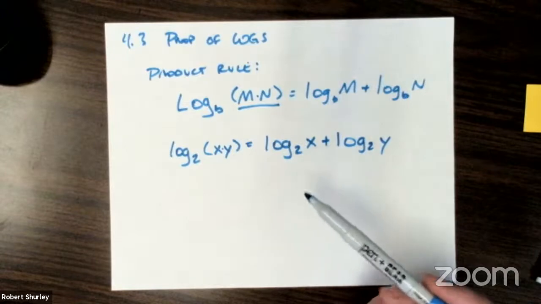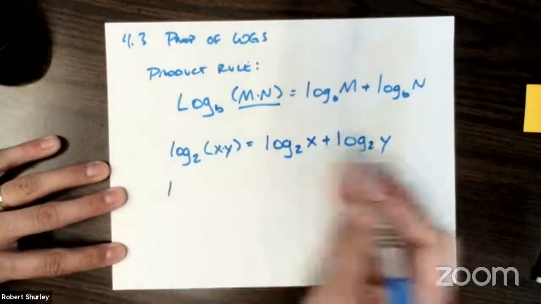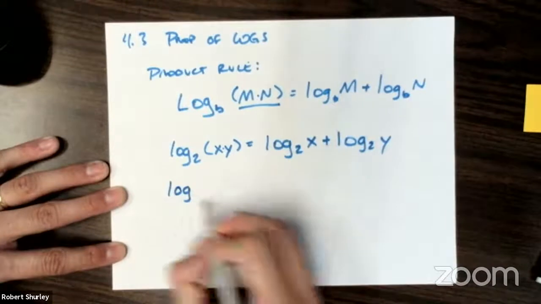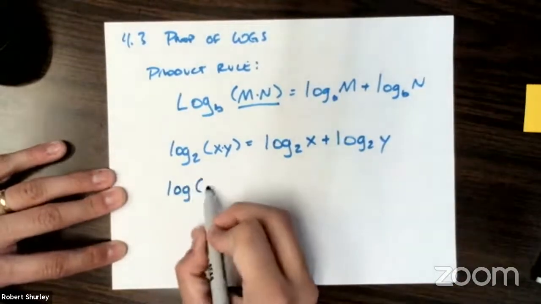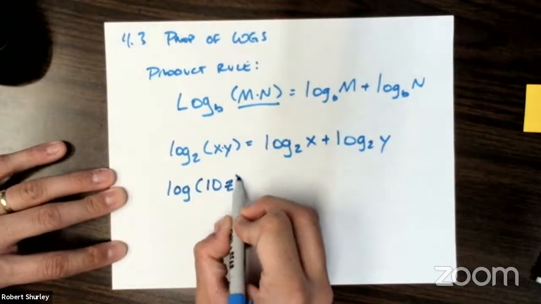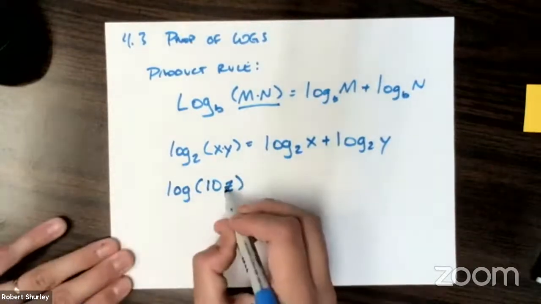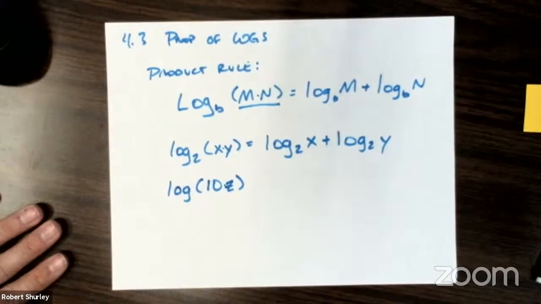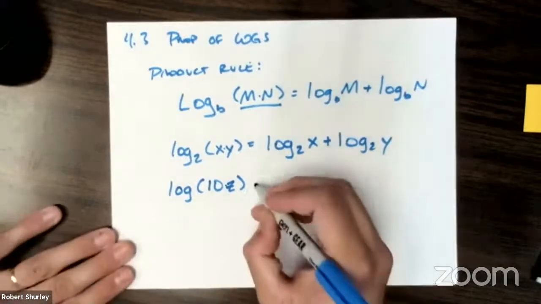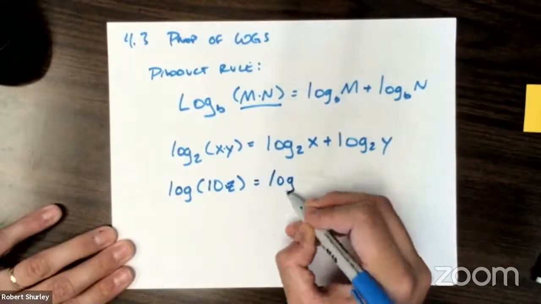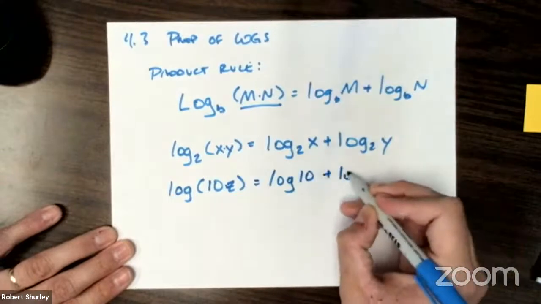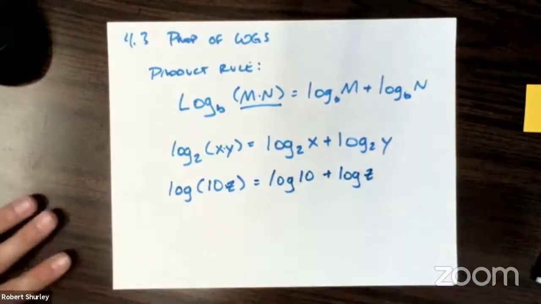So if we wanted to look at one that was really the same question, but now we're actually going to get some simplification. Let's say log of 10z. Well, again, this is being multiplied, right? It's 10 times z because the 10 is a coefficient of the z. So when you expand it, it's going to be log of 10 plus log z, right?